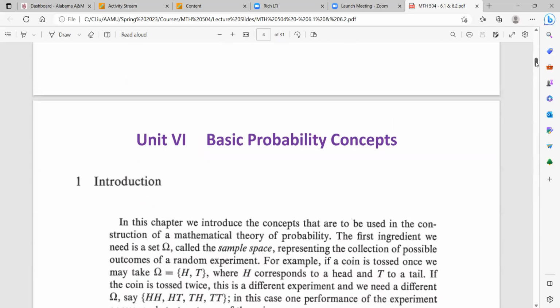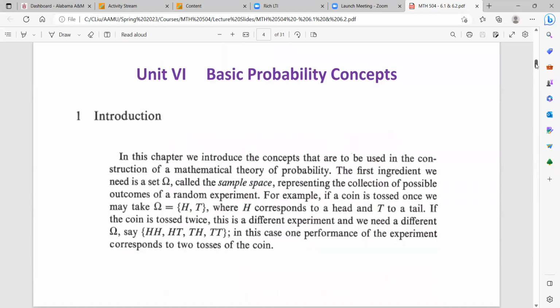So what would be a good starting point to define probability itself, to build a mathematical theory of probability? We want to be perfect. Everything should be strict mathematically. We're going to start from a definition from set theory, what we call the sample space.